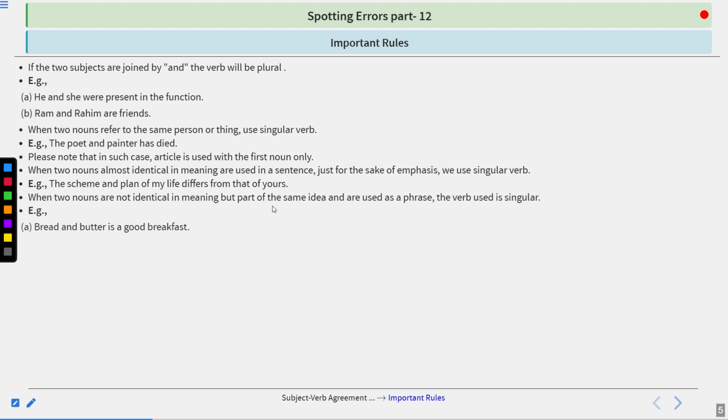Example, bread and butter is a good breakfast. So here, as you can see, bread and butter is not two different things, but one. It becomes a unit. It becomes a good breakfast. So that's why we have used is here. So when two nouns joined by and become a unit, we have to use singular verb.